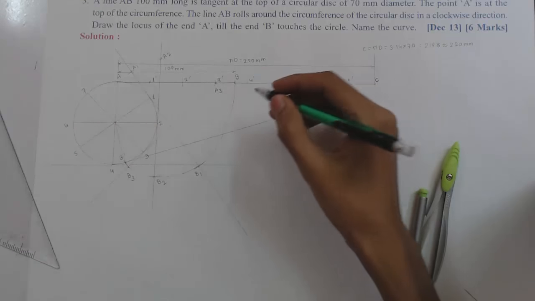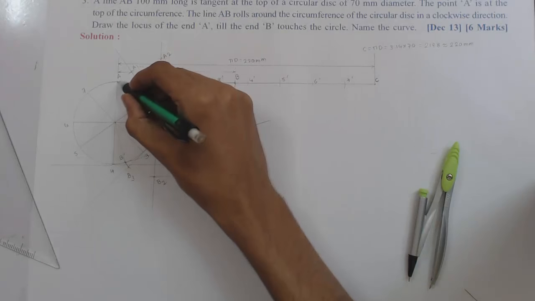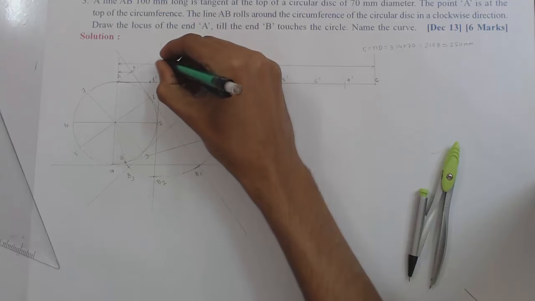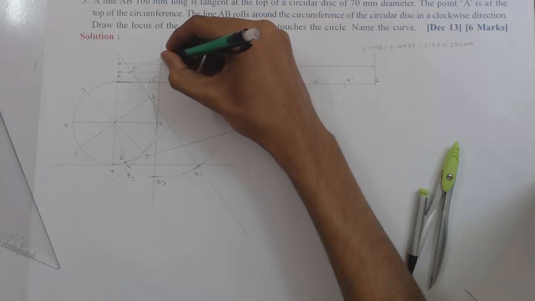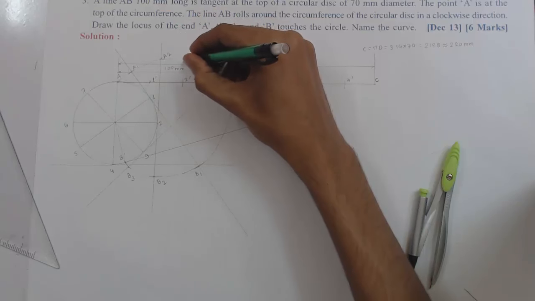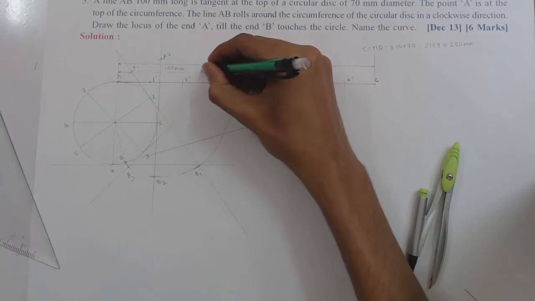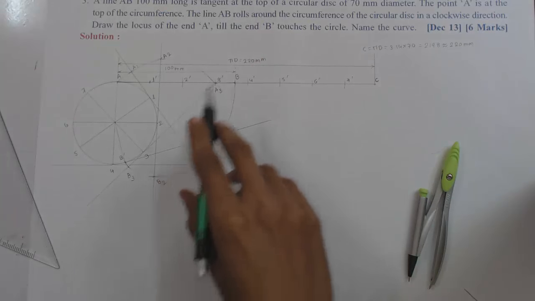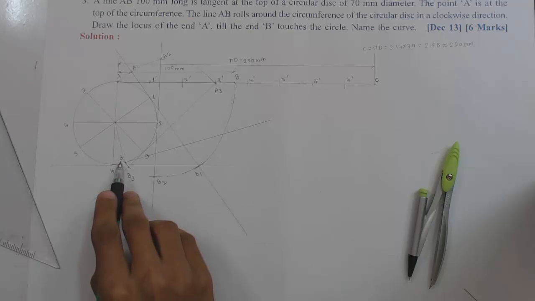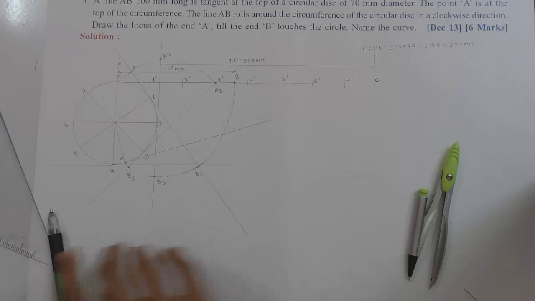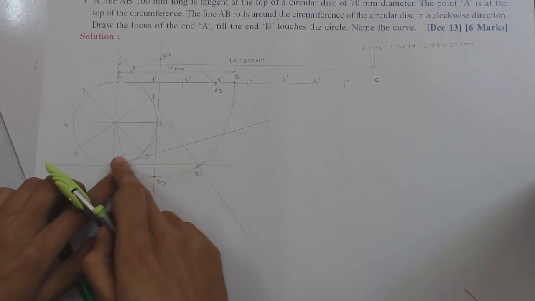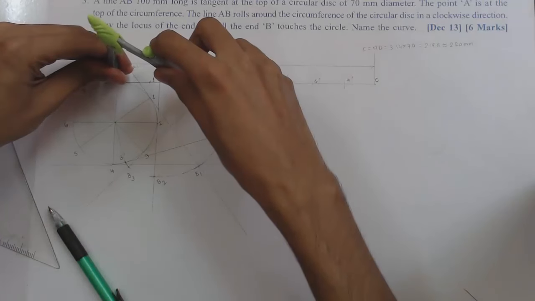Now for A, we have reached up to A3 here. So my curve will be A1, A2, and then I have to go to A3. Okay. But now to get the corresponding location of A with respect to B dash, when the line has touched B, the length available beyond this B will be the total length AB.